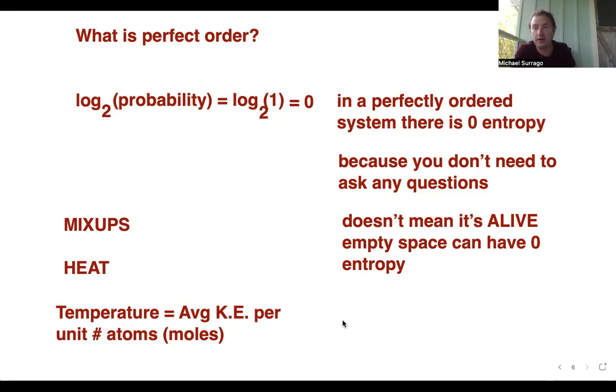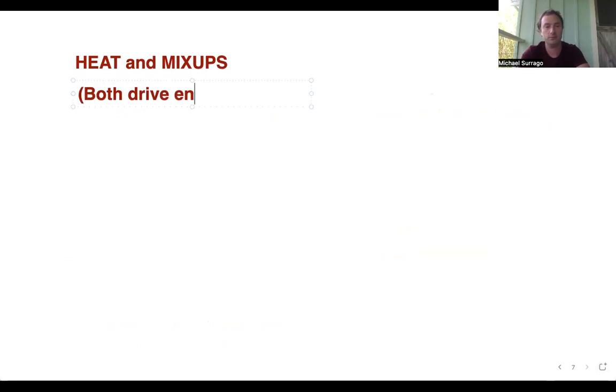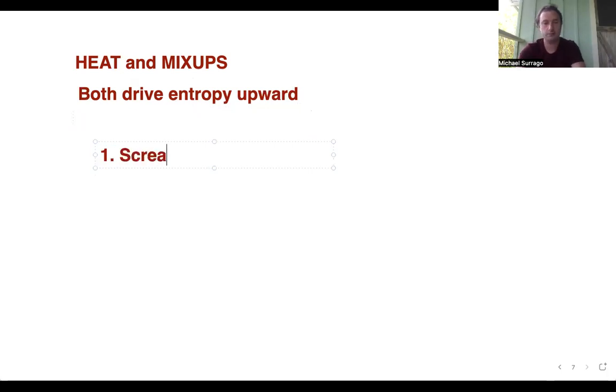Mix-ups that happen as a result of heat, think about a scrambled egg, right? So when you make scrambled eggs, let's talk about heat and mix-ups, okay? Because both drive entropy upward. So first example I want to talk with you about is scrambled eggs, right?